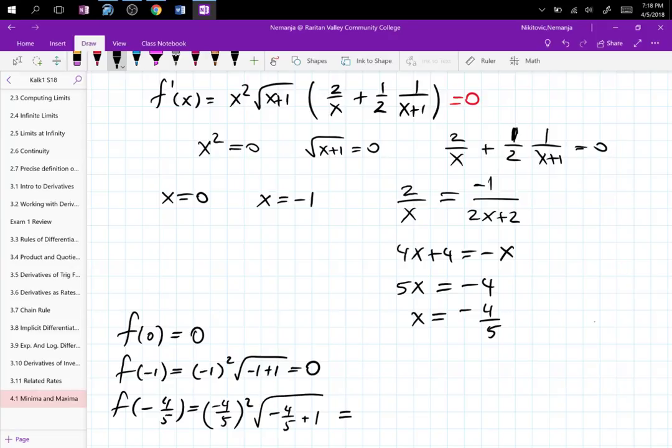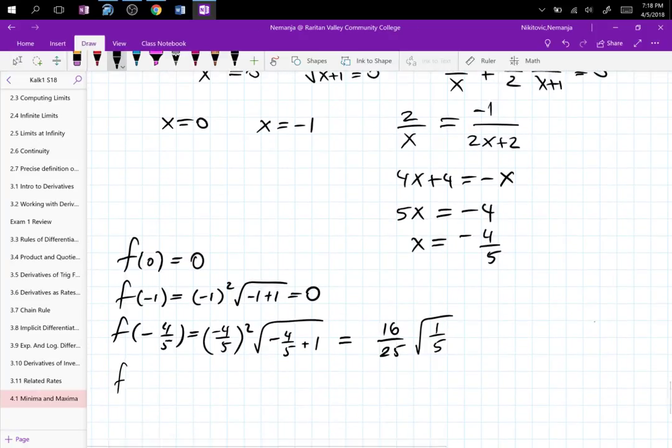This is equal to 16 over 25 times the square root of 1/5. And I also have to compute f of 1. Remember, we're computing endpoints as well. So that's 1 squared, square root of 1 plus 1. That's the square root of 2.